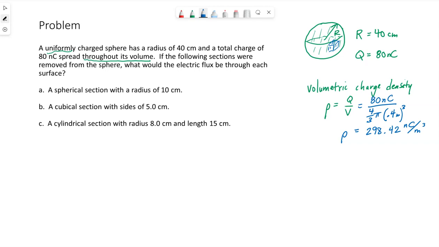The reason I want this is that now we're coming back and trying to find the electric flux through each of these three sections in parts A, B, and C. A sphere, a cube, a cylinder. These are all closed surfaces, also referred to as Gaussian surfaces.